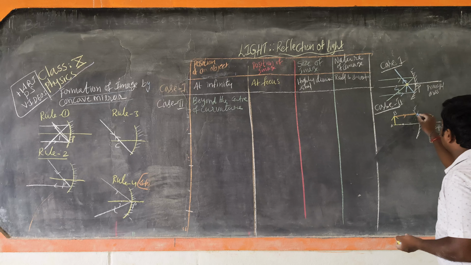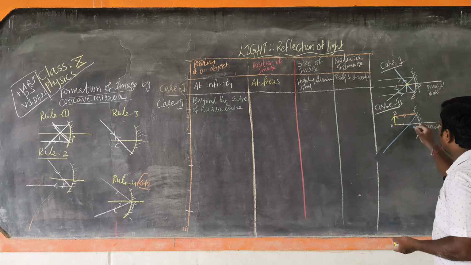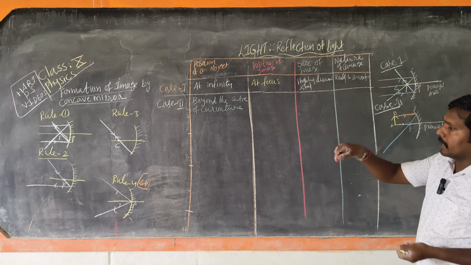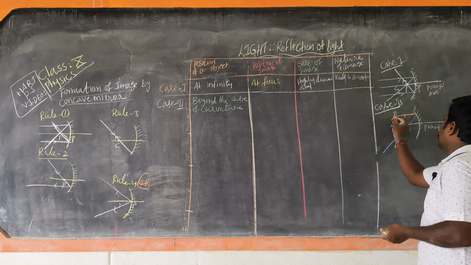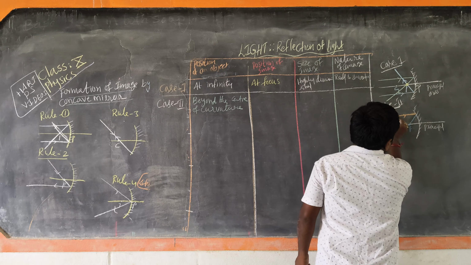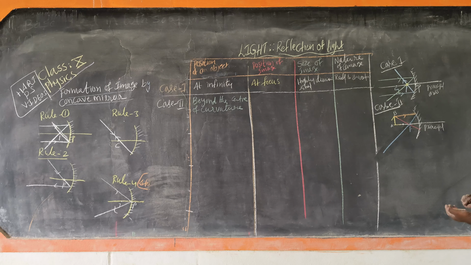Right. It passes through the focus. With a single light ray, as usual, we cannot know the position of the image. So let's take the second one, for example, through focus. If a light ray passes through focus, what will happen?